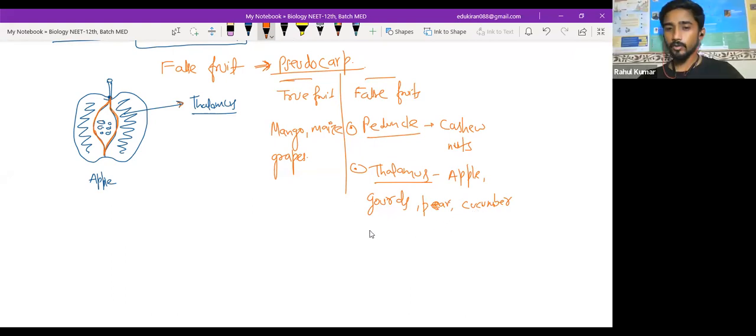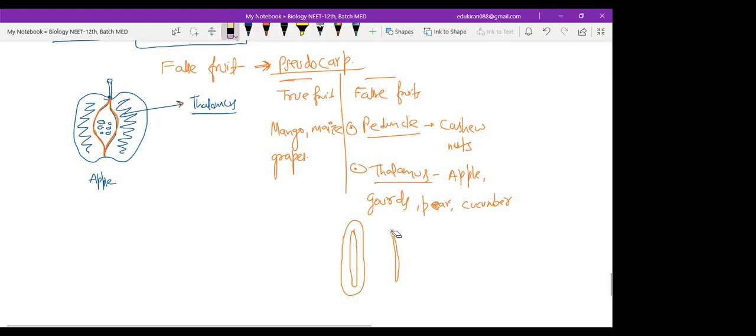Inside there is a whole region that can be taken out as it is. Sometimes it's very loose, especially in Indian varieties of cucumber. This part can come out with seeds. It's squishy. That is the ovary, and we then eat the thalamus. Is it clear? Just like apple.